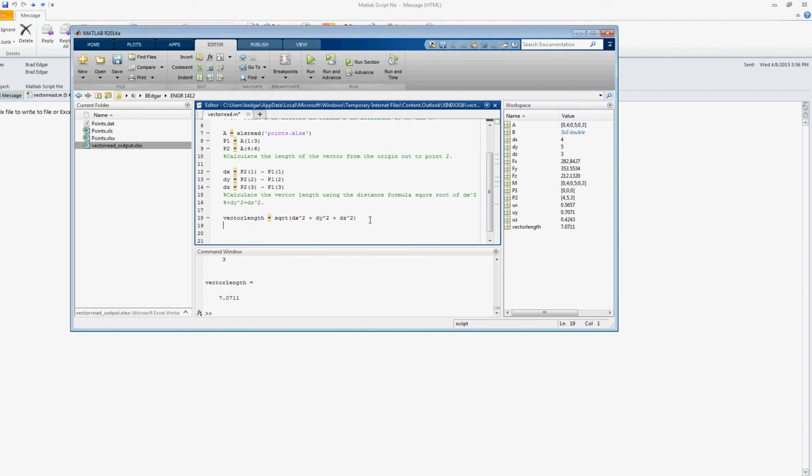So let's comment that. So compute unit vector entries. And remember, we're going to say that the cosine of the angle alpha is going to be equal to dx divided by the vector length.